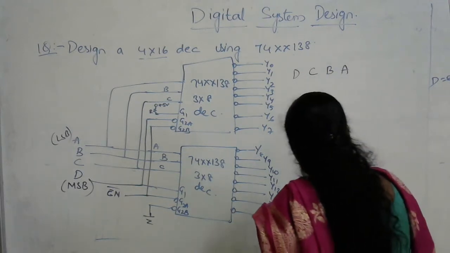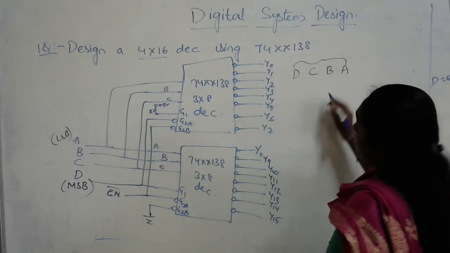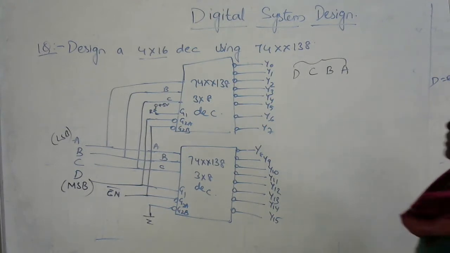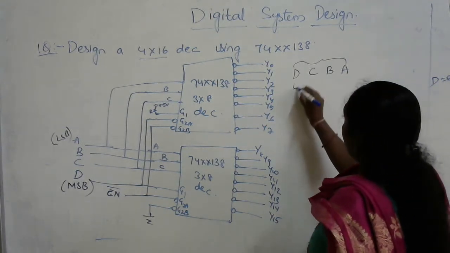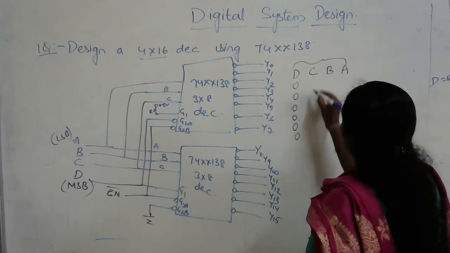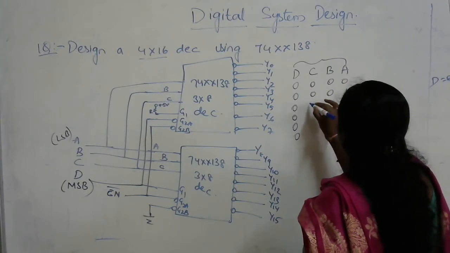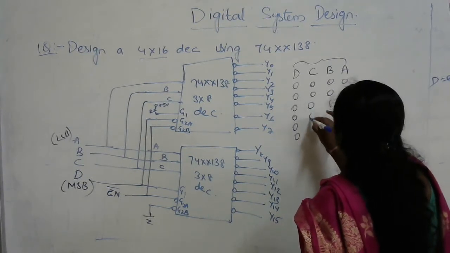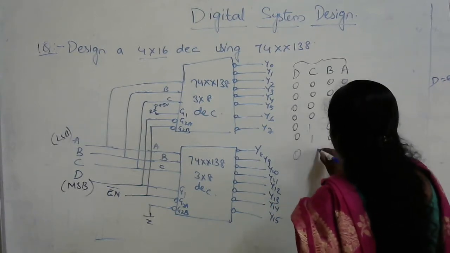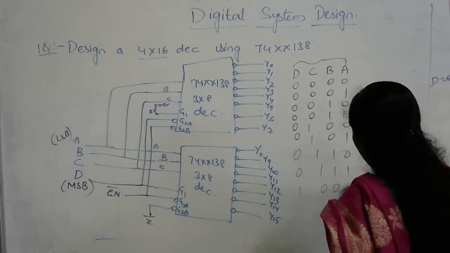If you write down all these combinations, as we know that if there are 4 variables, we will be getting 16 combinations, that is from 0 to 15. Under D, I will be getting 8 zeros, and if I write all the 16 combinations, 0 to 15, this is the sequence: 0, 1, 2, 3, 4, 5, 6, 7 and 8, this is 9.